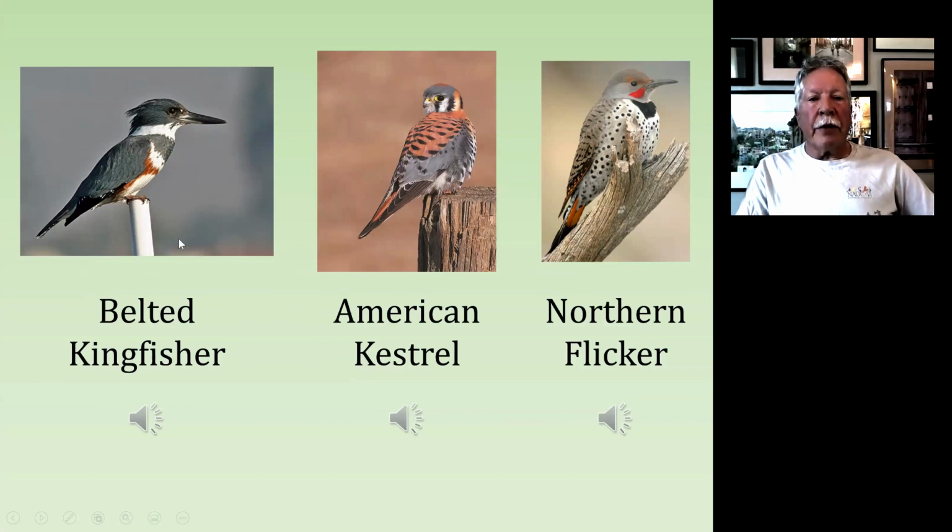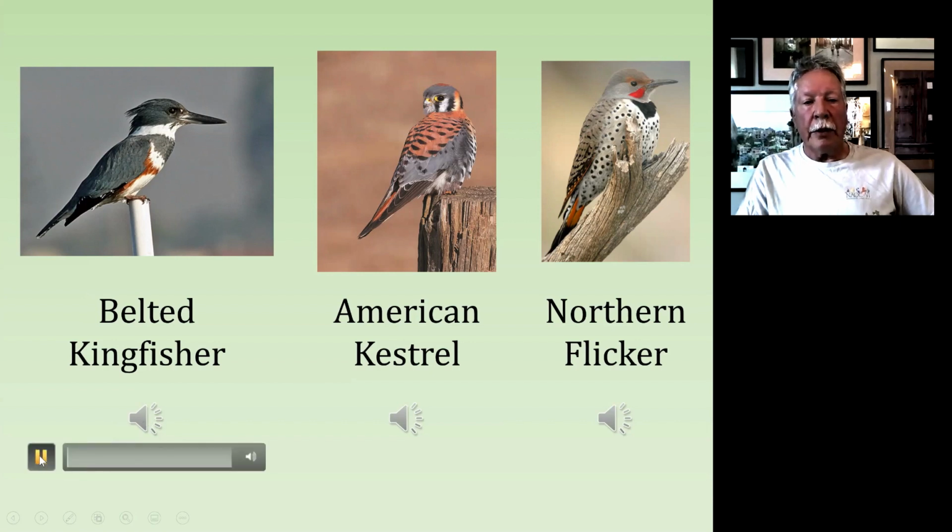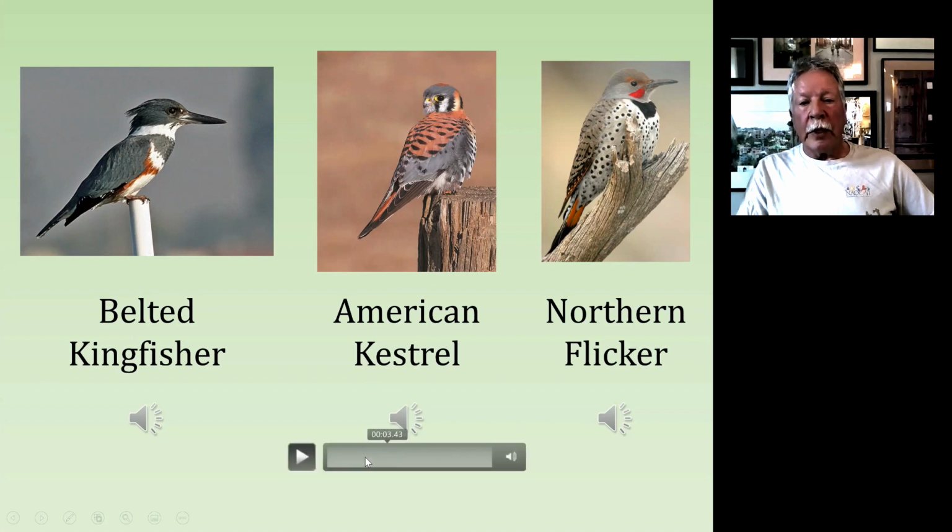These three birds have very loud calls. They also have innate songs, so they tend to sound pretty much the same anywhere you hear them. The belted kingfisher, the American kestrel, also a very distinctive, very sort of loud, agitated call that's very distinctive.